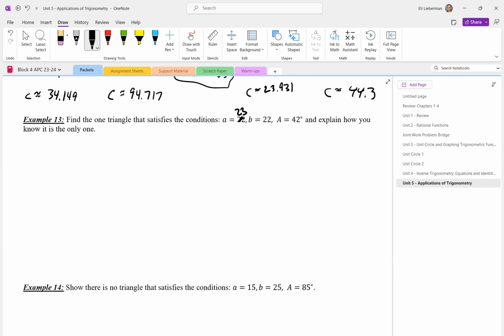Now we're finding two triangles. If they're both 22, you can just do side, swing over. Yeah, you're right. Now we're fine.